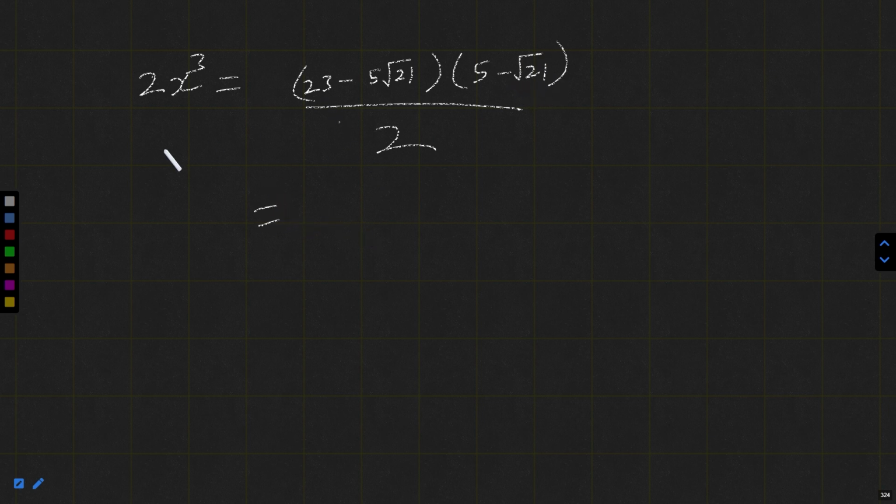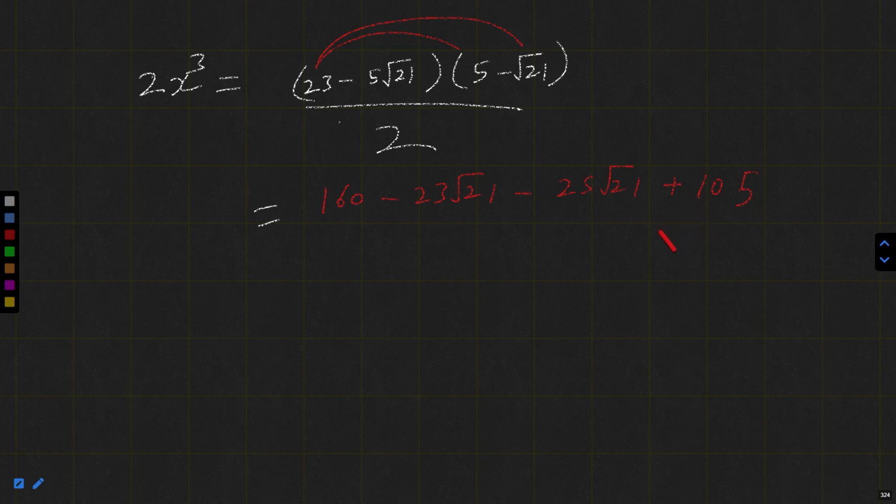Now just multiply them. 23 gets multiplied here and then here, so it is 23 times 5, which gives 115. Now 23 times root 21, and plus 5 root 21 times root 21, which is 5 times 21, which is 105.